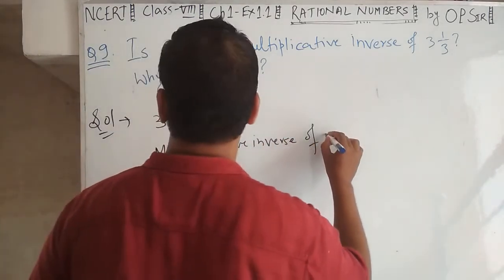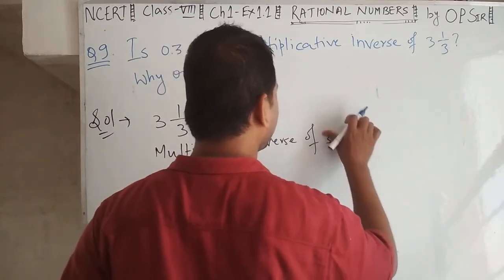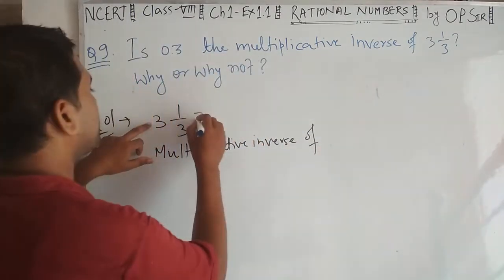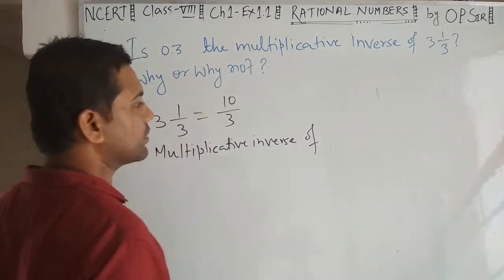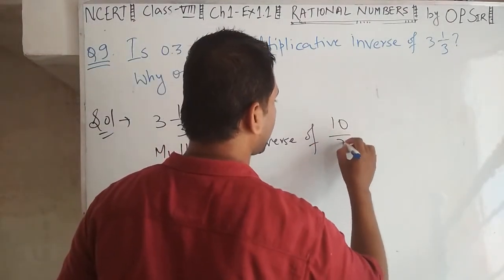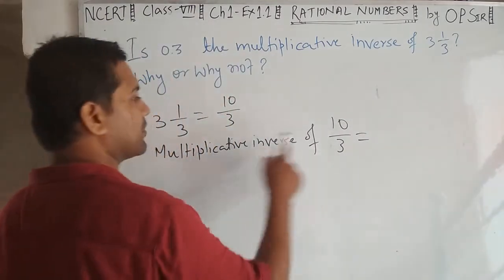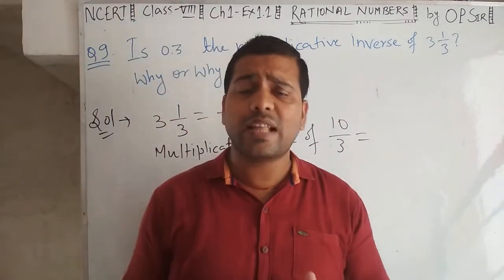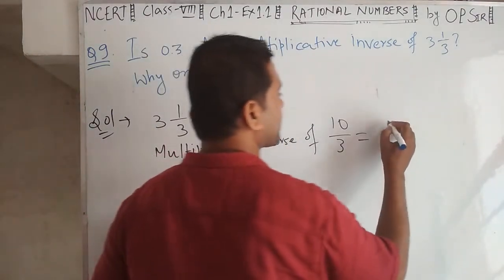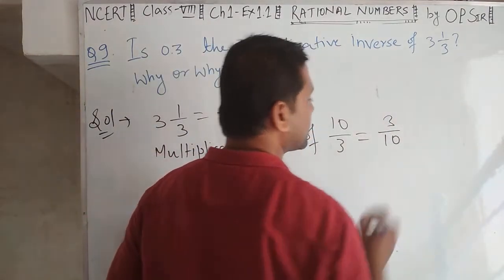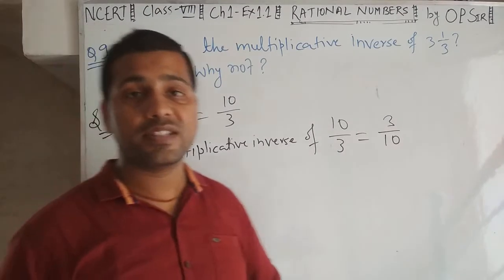Actually, this 3 whole 1 upon 3 we can convert: 3 times 3 is 9, plus 1, that is 10 upon 3. So 10 upon 3. What is the multiplicative inverse of that? We already know that reciprocal is only called multiplicative inverse. So 3 upon 10.